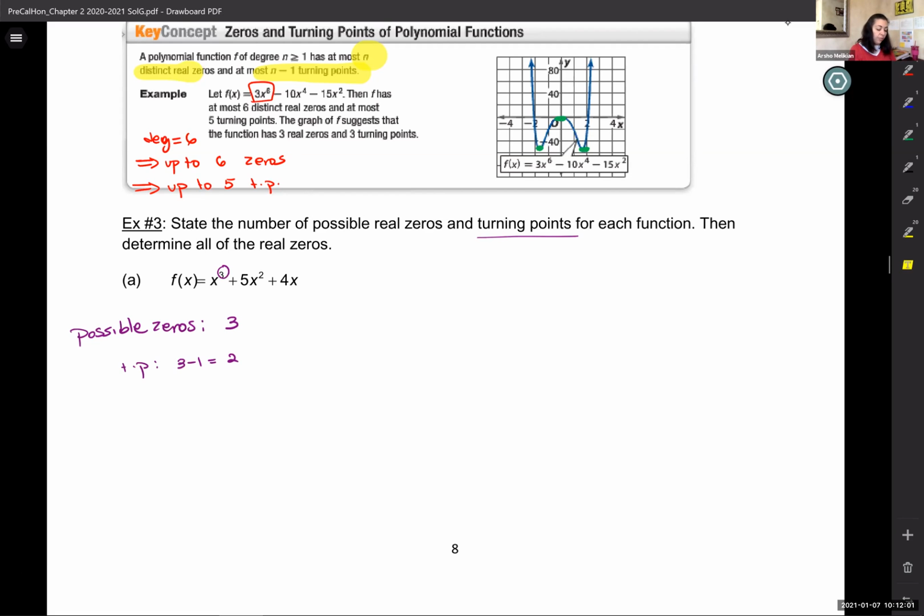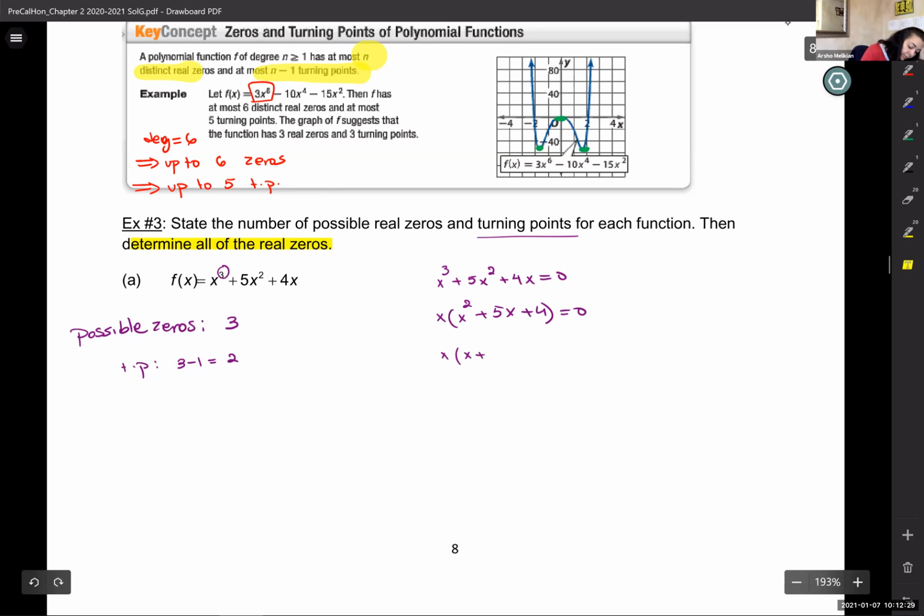And then we want to determine all of the real zeros, right? So to determine the real zeros, what we're going to do is set this function to 0. And now we factor Algebra 2 style. So first take out an x. And now factor x plus 4, x plus 1.